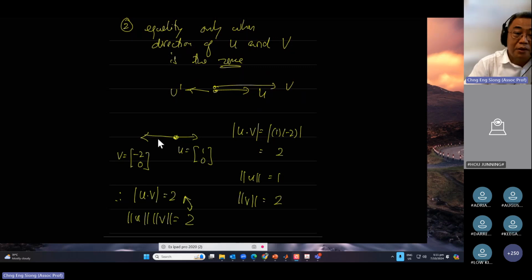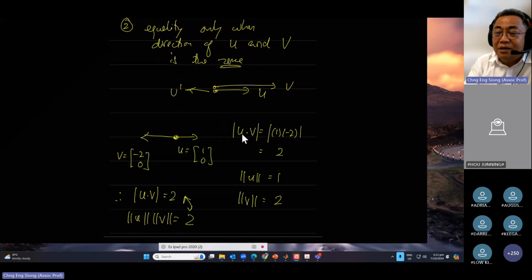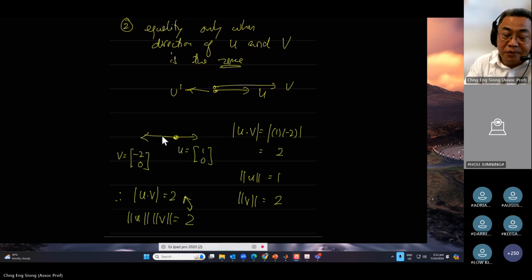So they are equal. We just showed you in this very simple example that if u and v are pointing in the same direction, and here opposite direction is still the same direction, the reason is that there is this absolute sign on u dot v showing you that opposite direction is taken care of. This is the example we are talking about.